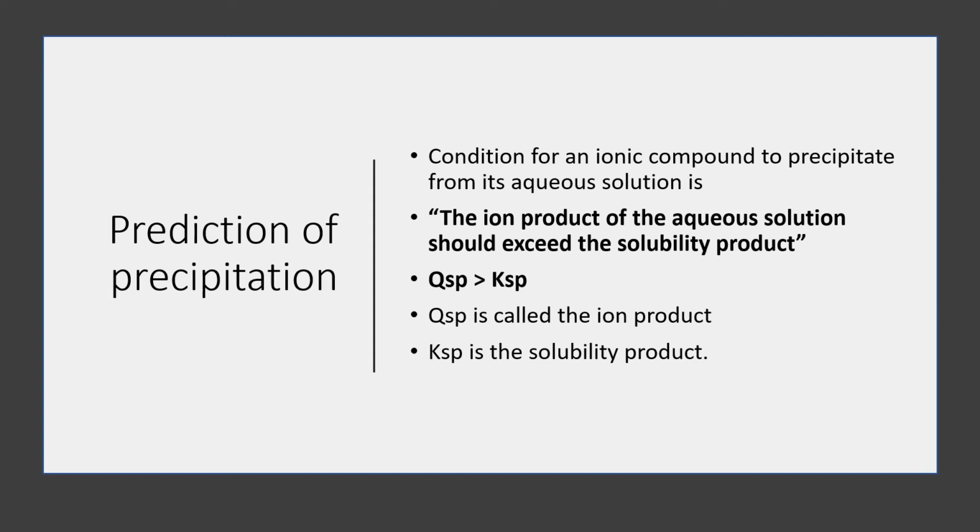We had seen something similar in chemical equilibrium where we saw Qc and Kc. Qc did tell us that the system had not reached equilibrium if the value was different from the equilibrium constant. Similarly, we have a term here, we call it Qsp, or the ion product. Qsp is the ion product, the actual concentration of the ions in the aqueous solution, and Ksp is actually the equilibrium constant.